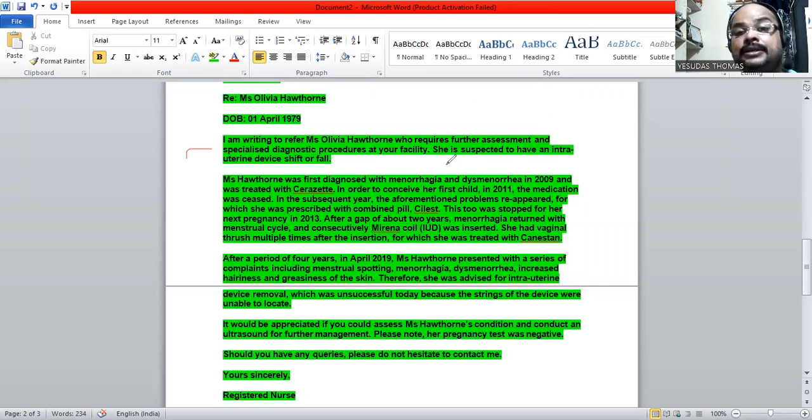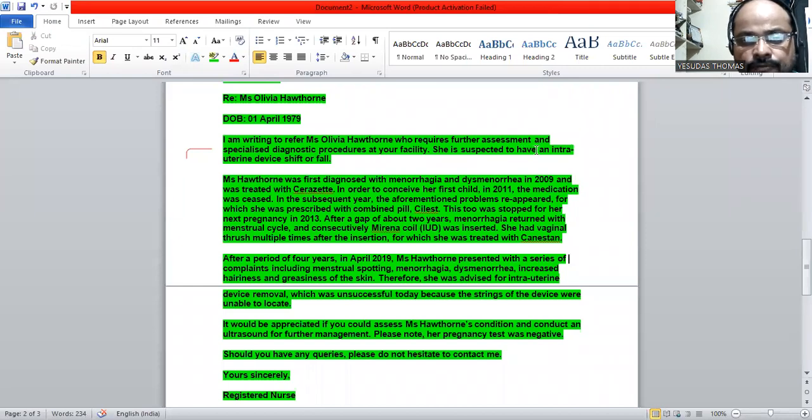Now, what's the condition? She's suspected to have an intrauterine device shift or fall. So what is she suspected of? Okay, I can make a small correction.